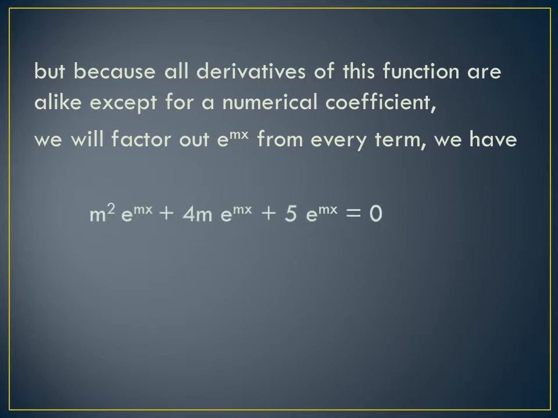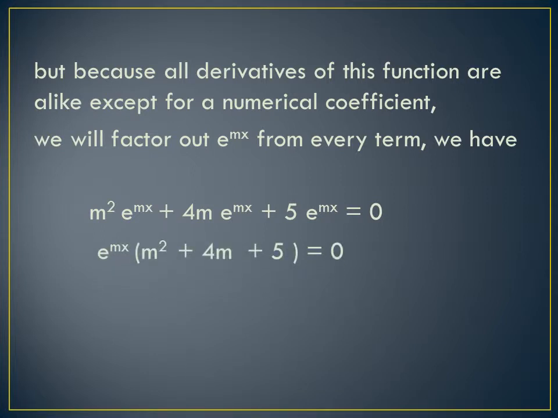It will now be e^(mx)(m^2 + 4m + 5) = 0.